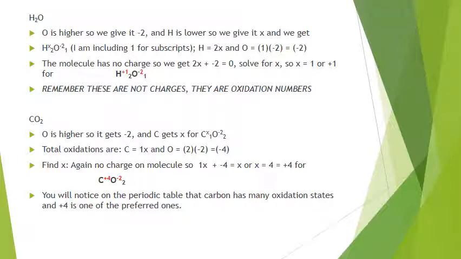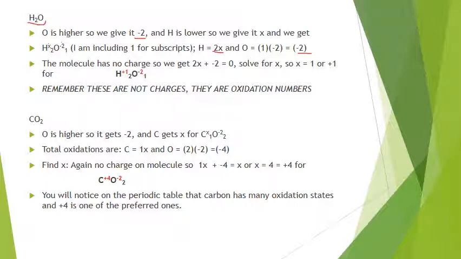So oxygen is higher up on the priority table, and so we give it a -2 right here, and hydrogen is lower, so we give it X. And so what we have is hydrogen is 2 times X, and oxygen is 1 times -2, or -2. The overall charge on water is 0.